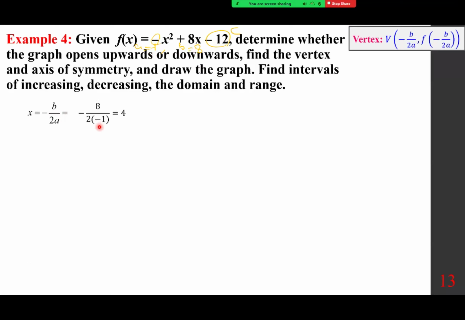So 2 times negative 1 is minus 2, and 8 divided by minus 4, with the negative in front, becomes positive 4.